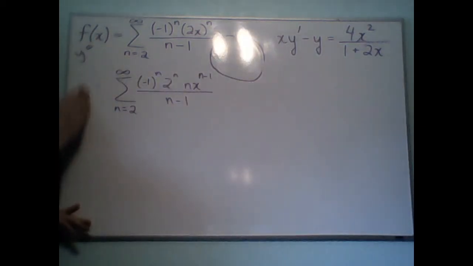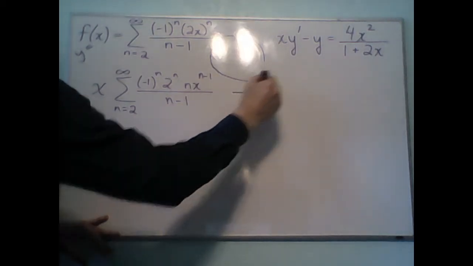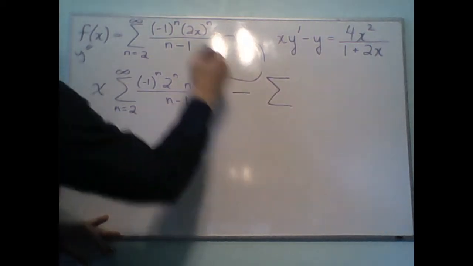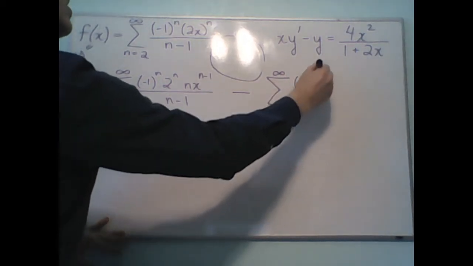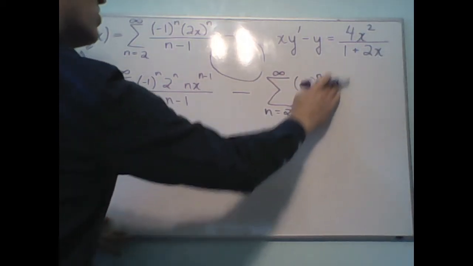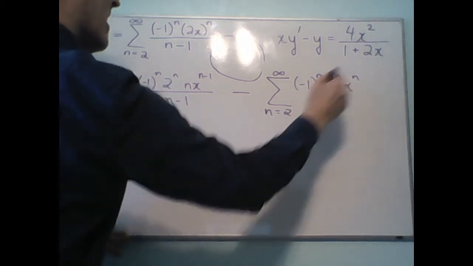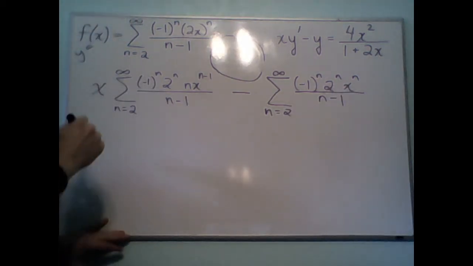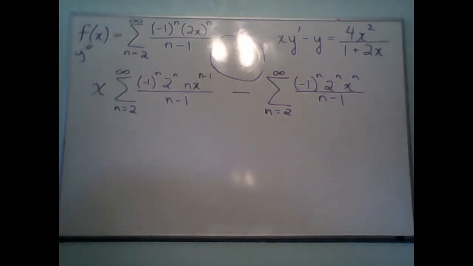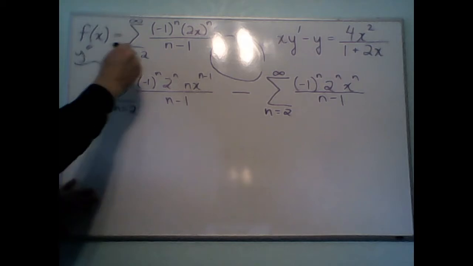So it's x times this expression minus the expression for y. The sum from n equals 2 to infinity, negative 1 to the n, 2 to the n, x to the n, divided by n minus 1. Okay, that's the left-hand side of my differential equation, and I'm going to try and simplify it to make it the right-hand side.